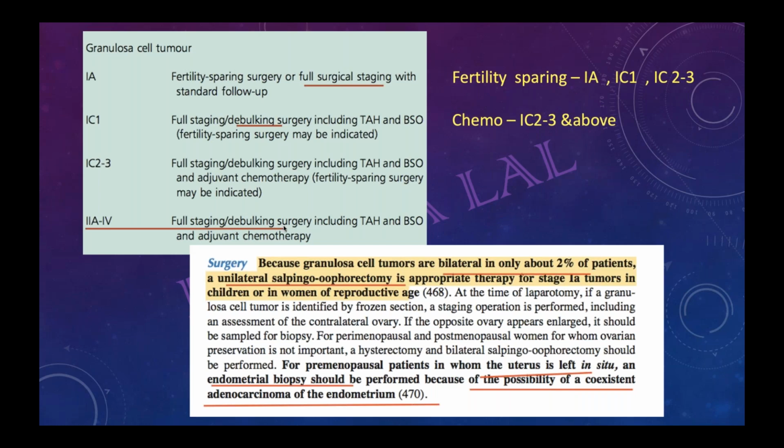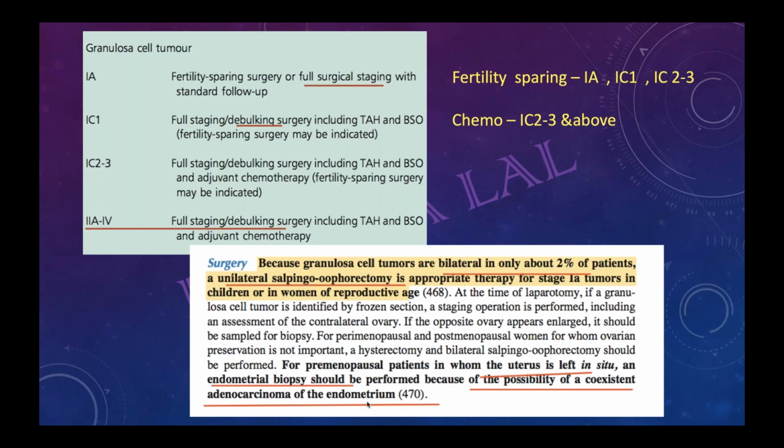Though they are bilateral in only 2%, the treatment of choice will be unilateral salpingo-oophorectomy. But if the uterus is left inside, then endometrial curettage is done, because there could be a possibility of coexisting adenocarcinoma of the endometrium, as the estrogen is very high.